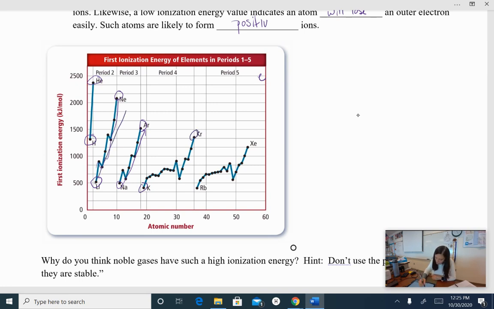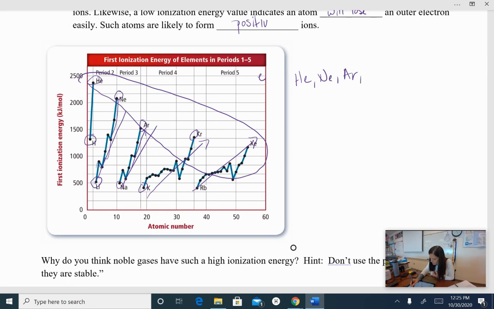Notice as I go through each period, it gets harder to pull those electrons off. The ones that are the hardest to pull off are the noble gases: helium, neon, argon, krypton, and xenon. Those are the hardest ones in each period to pull the electron away from.